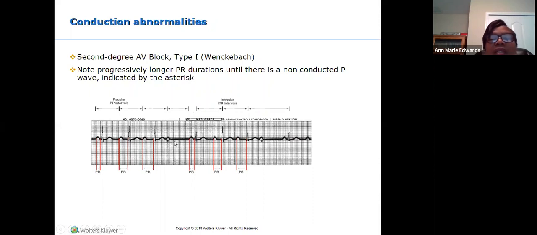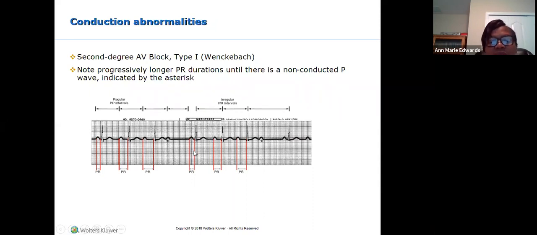But this impulse is not conducted. So you have lost a QRS right here. Okay, so you have progressive, progressive, progressive drop. And then it starts again.